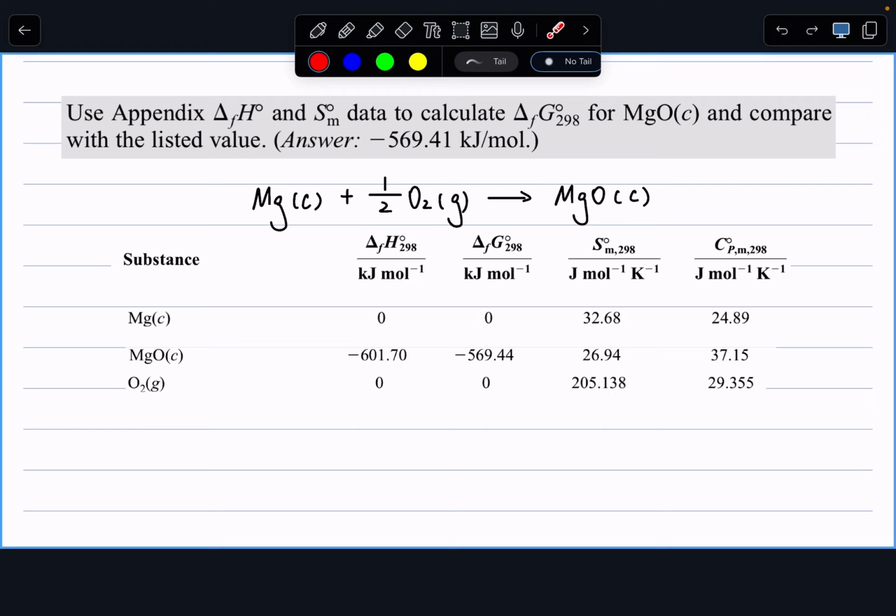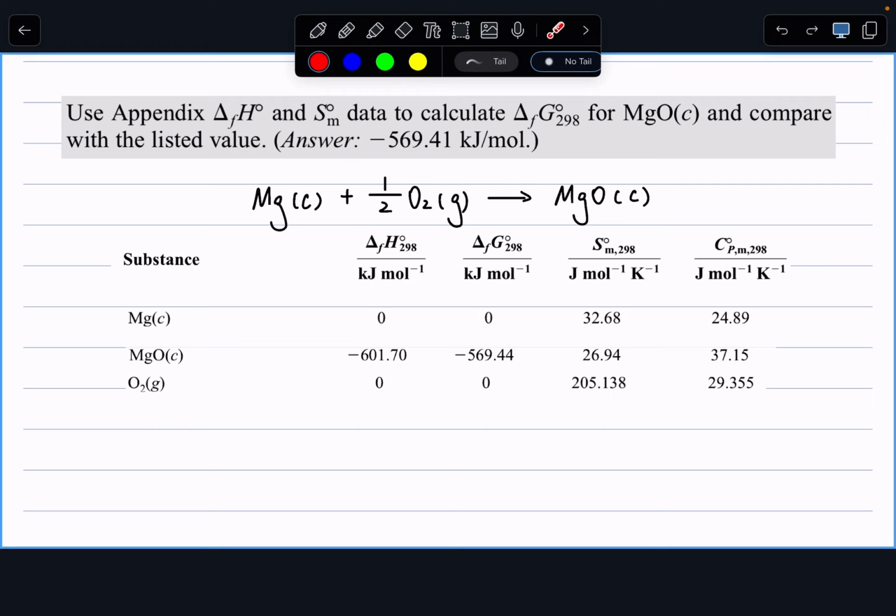And then what we find out is the standard Gibbs free energy of reaction to be our delta H of magnesium oxide minus T delta S of magnesium oxide. So this is negative 601.7, temperature 298 Kelvin, and this one is the one we just solved for.